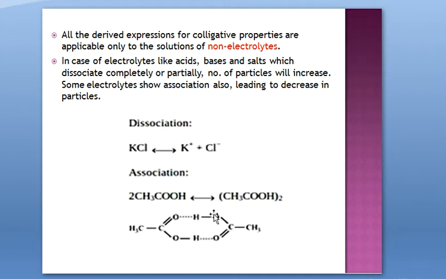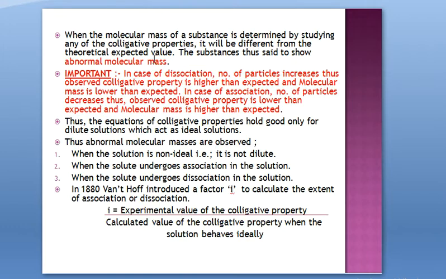But this is our observed value. 1 particle dividing into 2, 2 associated as 1. So the observed experimental value will come out different. And since it is different, that different observed molecular mass is known as abnormal molecular mass. It is different from what we expected theoretically, right?